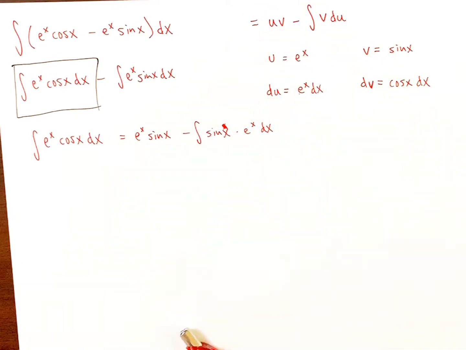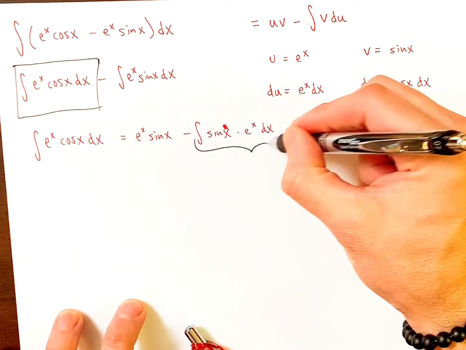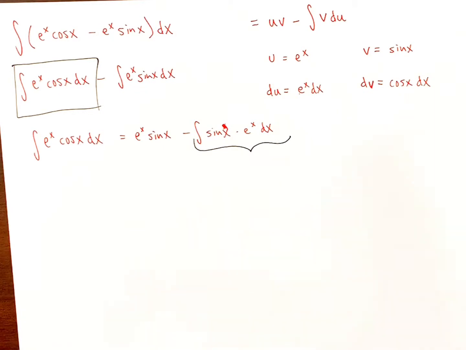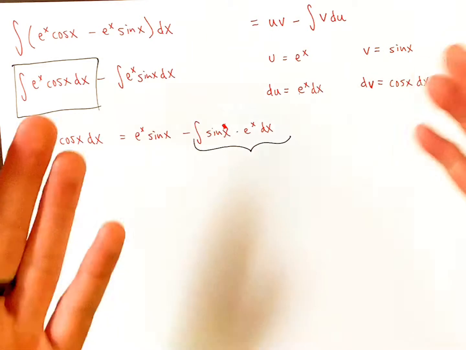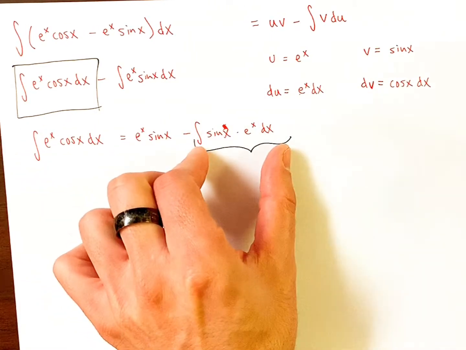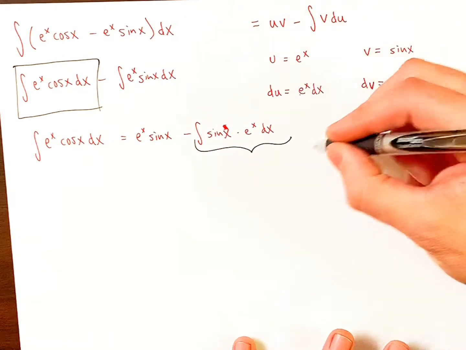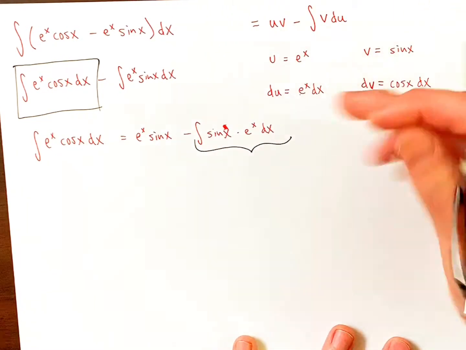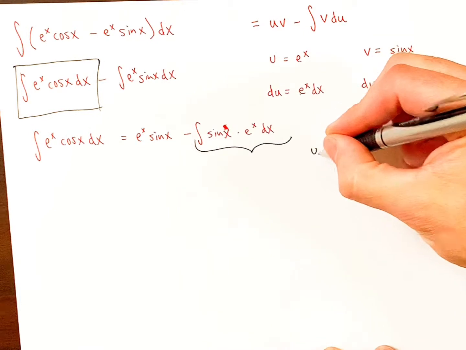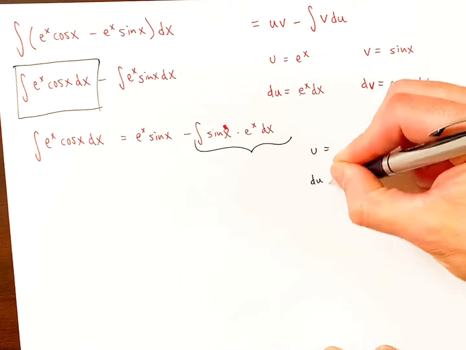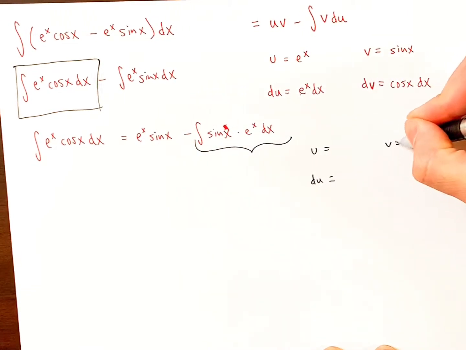Now, as it turns out, this here is its own integration by parts. So we have to do this idea all over again, but just for this part here. I could use the same letters, but these roles would be dismissed and we'd have brand new assignments for u's and v's and dv's and du's.